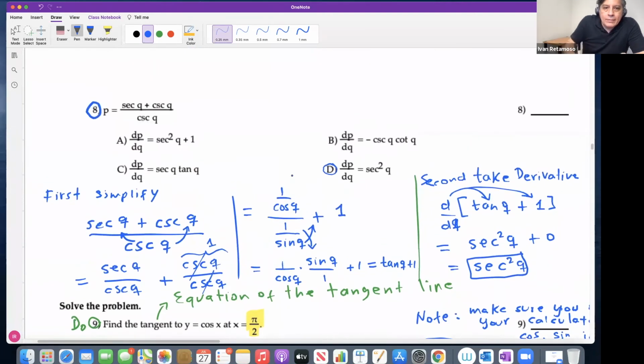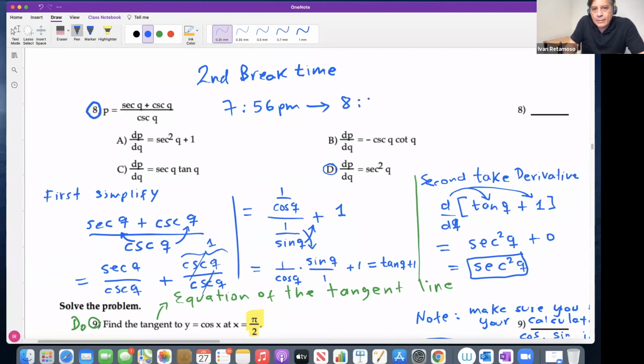We're going to go from 7:56 to 8:06, and we will go over higher order derivatives.